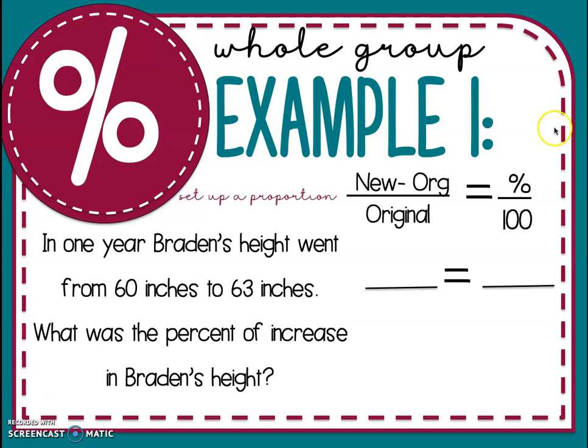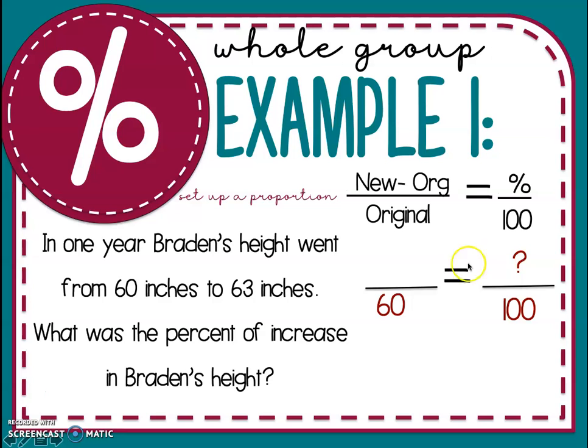So after we write our percent proportion, we're then going to set up a proportion based on these amounts. Okay, so his original height is what's going to go down here, and his original height was 60 inches. We know that this spot's always going to be 100 because percent is always out of 100. Then we're going to put a question mark in our percent spot because we don't know the percent increase yet.